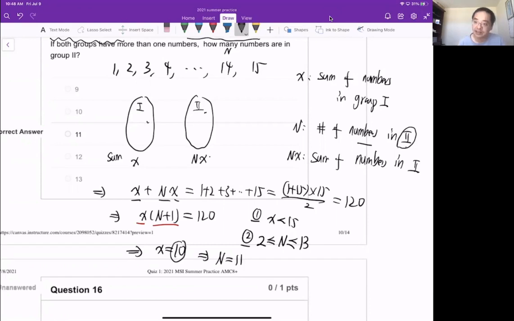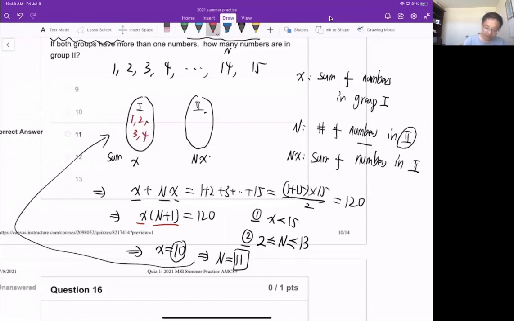Okay, we already have the answer, but we can verify it by finding those numbers. So from here, we can derive the numbers here are 1, 2, 3, 4. You see, if you add them together, you get exactly 10. And the remaining is 5, 6, and all the way to 15. So this is exactly how we split these 15 numbers.